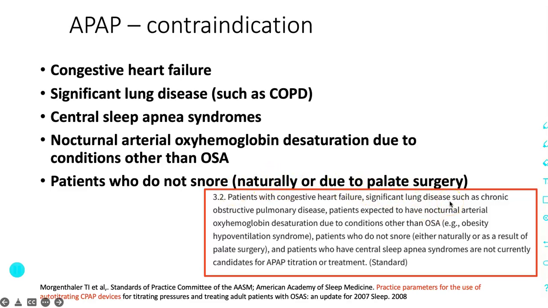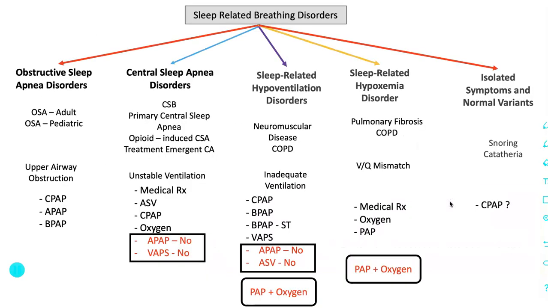Most of the time, APAP works on the principle of airway narrowing or vibrations in the airway, but in this type of patient there is no airway narrowing, and hence it may not be as clinically beneficial as it is supposed to be, so care should be taken while treating with APAP.